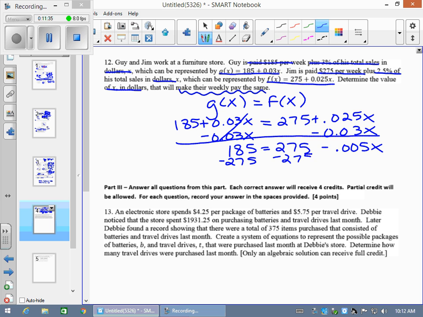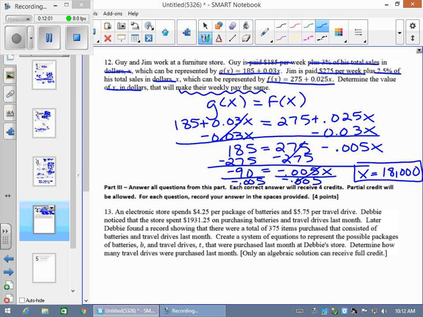Negative 90 is equal to negative 0.005X. Now I just need to divide to get X by itself. When you divide negative 90 by negative 0.005, you get an X value of positive 18,000. So $18,000 will make their weekly pay the same.